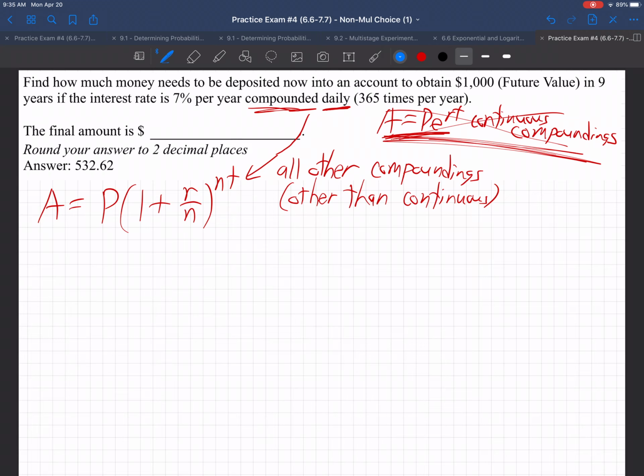They're saying find out how much money needs to be deposited now. So the now is the P. We don't know the P. We're trying to figure that out. To obtain $1,000 future value, that's what the A is. The A is the amount in the future.